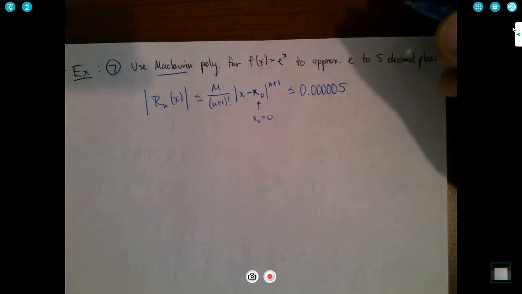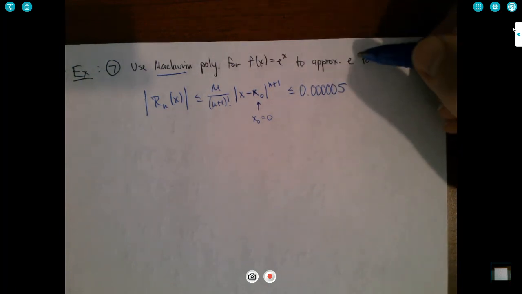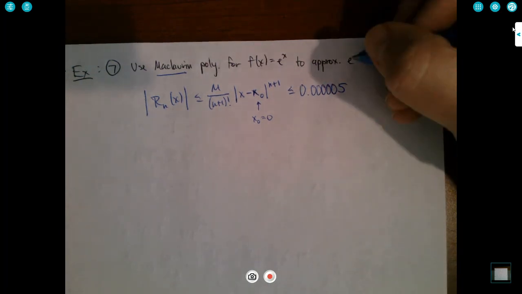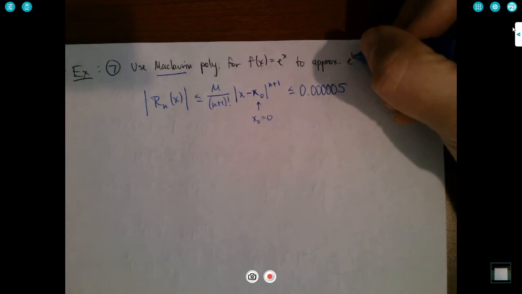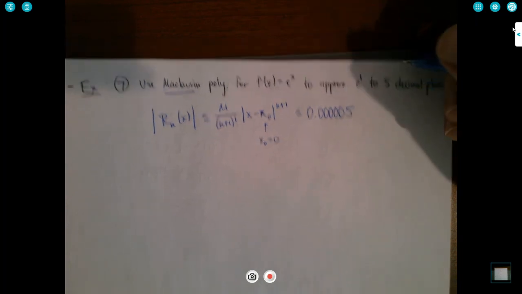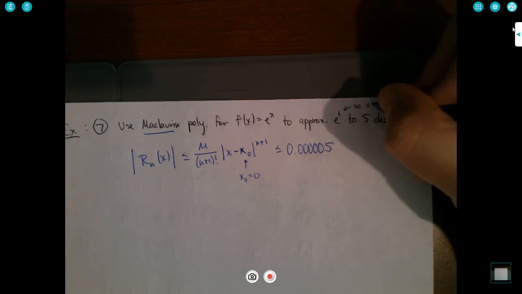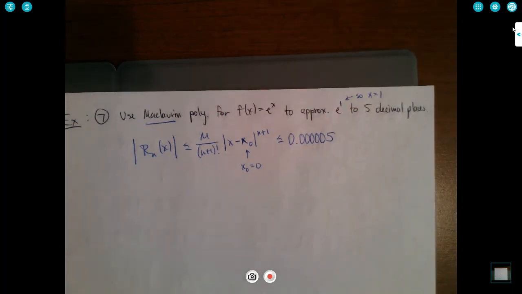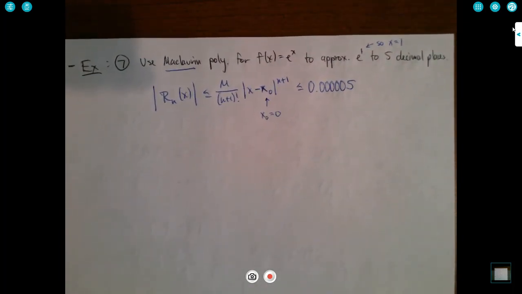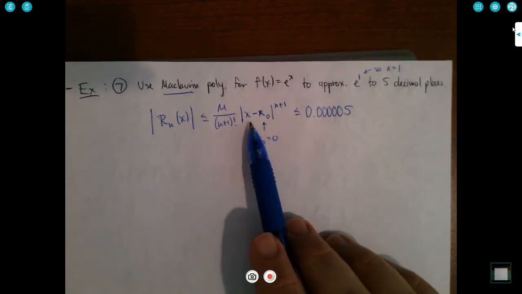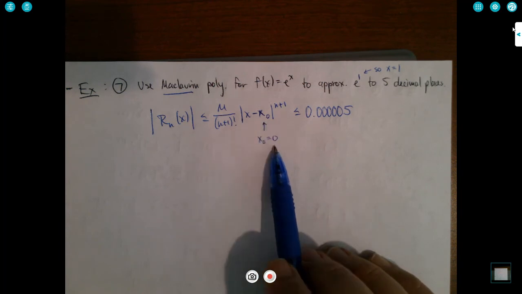Also notice that x equals 1 because we're trying to approximate e, which is the same thing as e to the first power, right? So x equals 1. Okay, so we know that x is 1. We know x naught is 0.